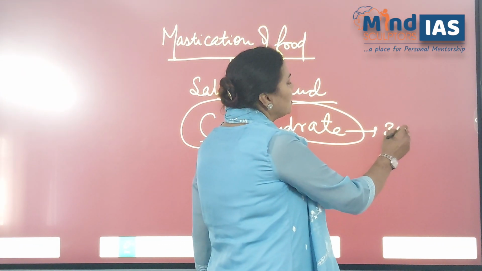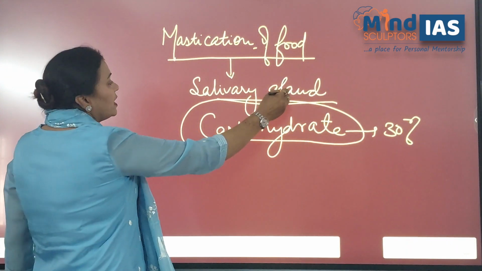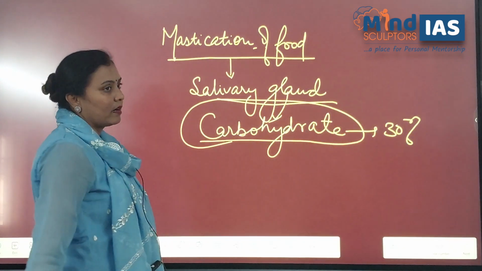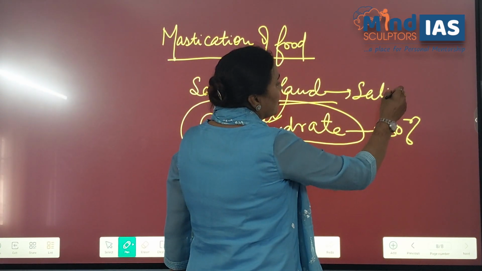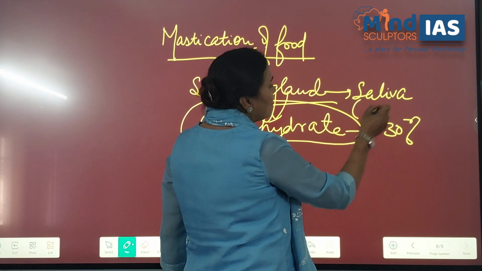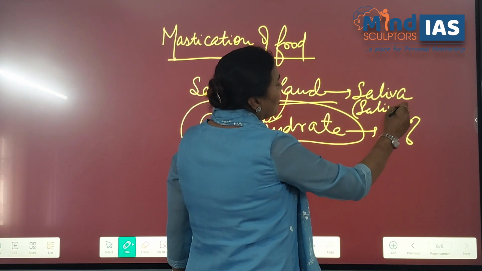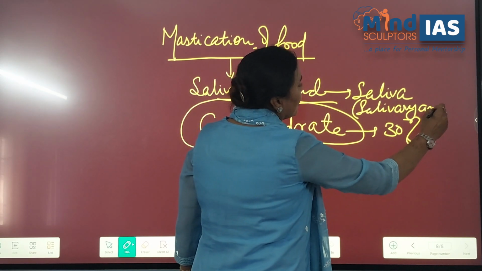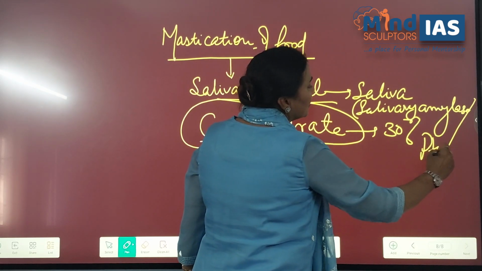Almost 30% of carbohydrate is digested in your mouth with the action of salivary gland. Salivary gland secretes saliva. Saliva contains which enzyme? Salivary amylase, and the other name is ptyalin.